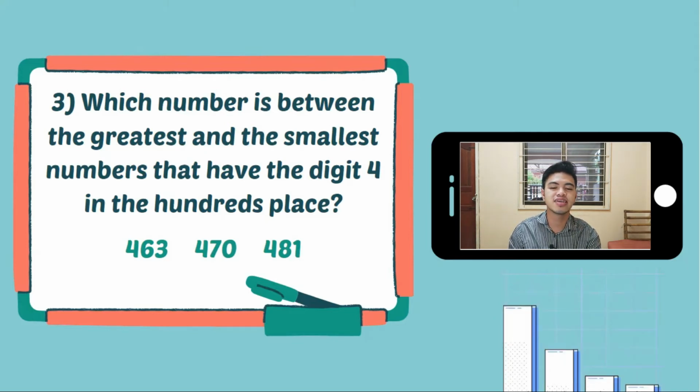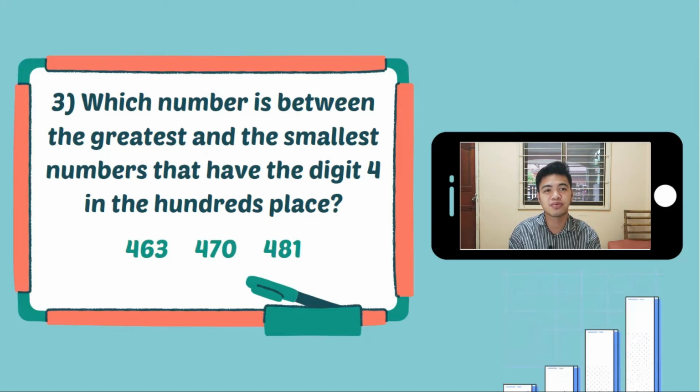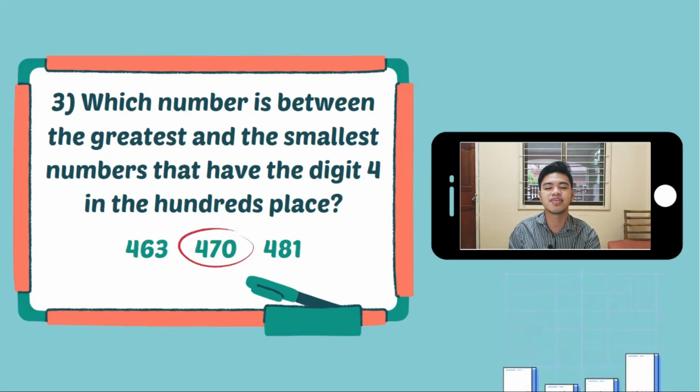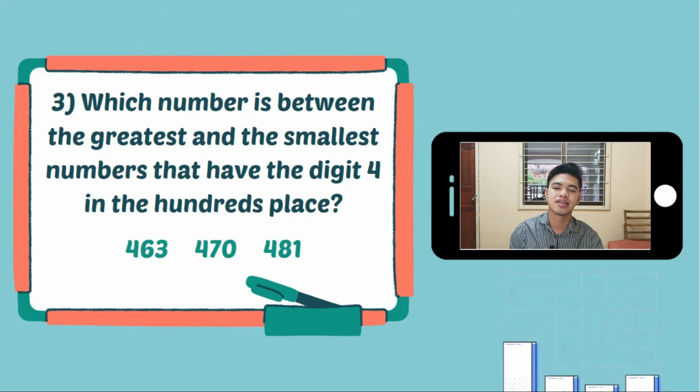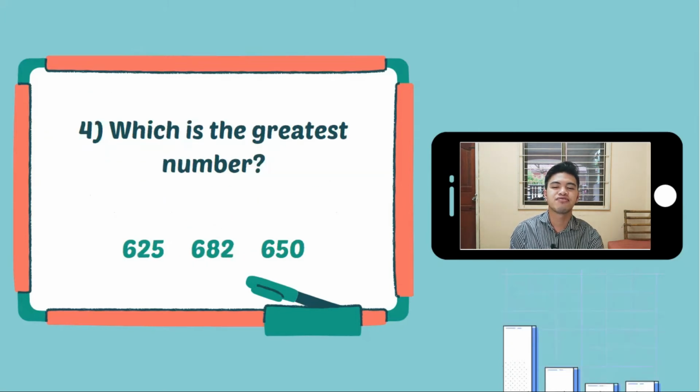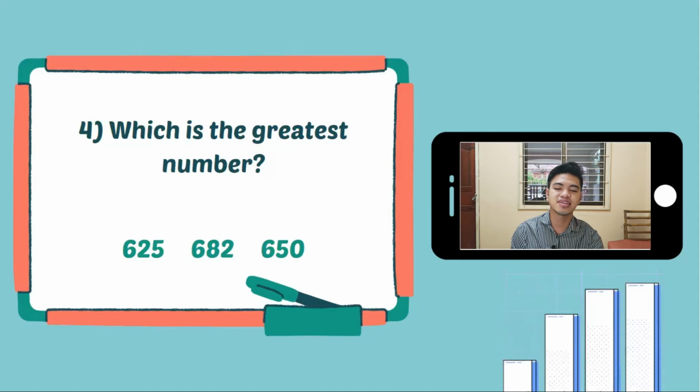So what is the answer? We have the smallest number 463 and the biggest number 481. So the number between them will be 470. Write 470 on your book.